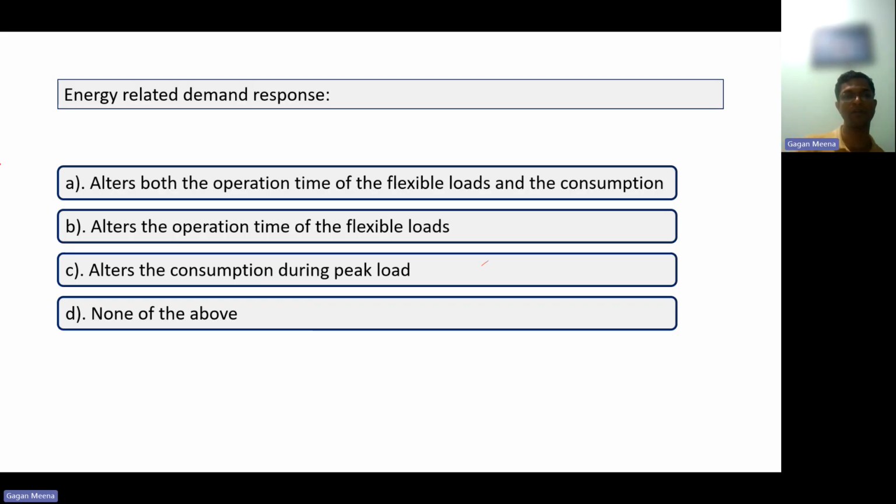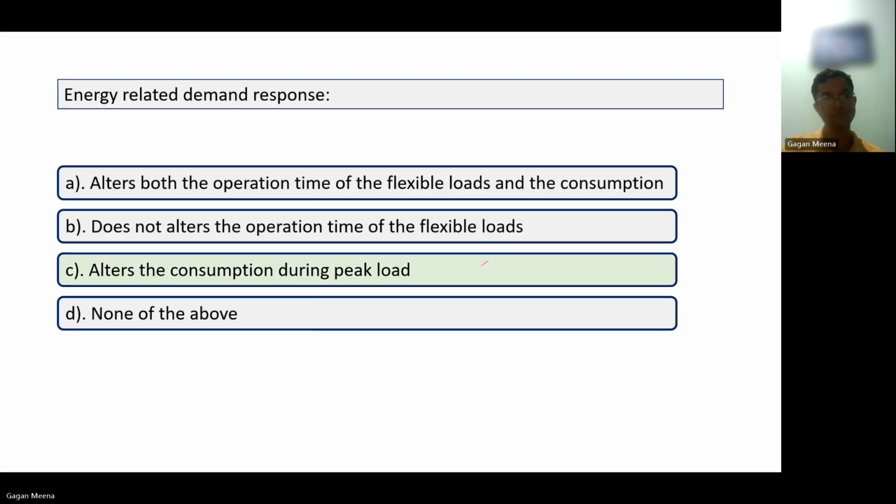The options are: the operation time of the flexible load; it alters the consumption during the peak load; it alters both the operation time and the consumption; none of the above. Which one is correct? It alters the consumption during peak load.